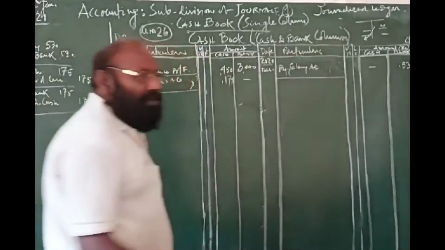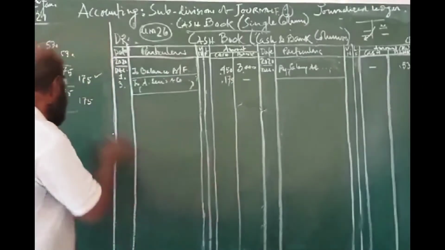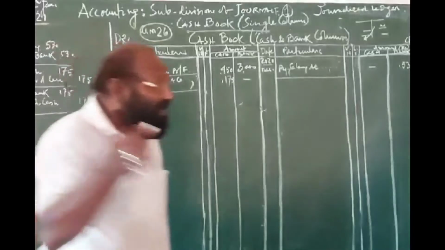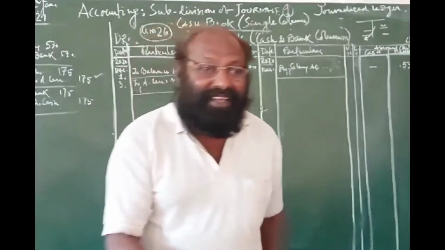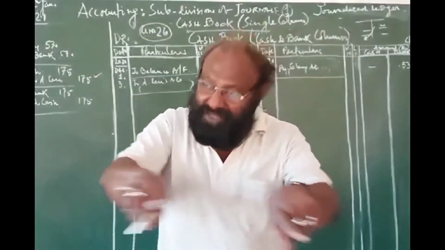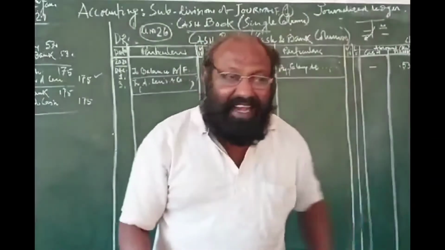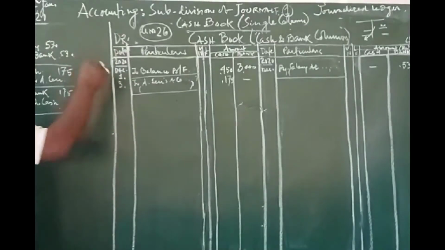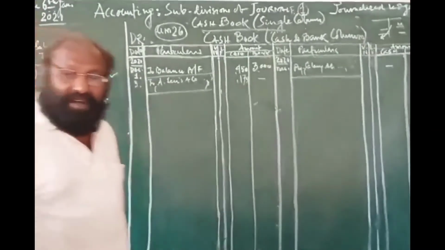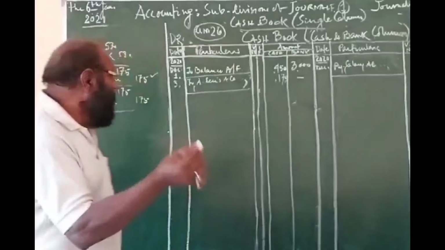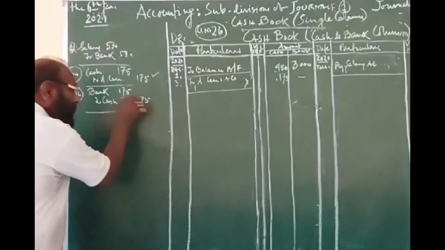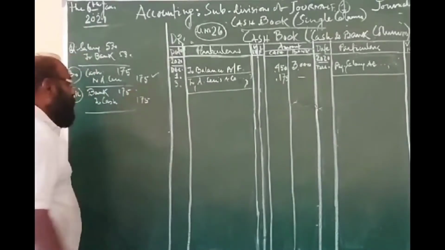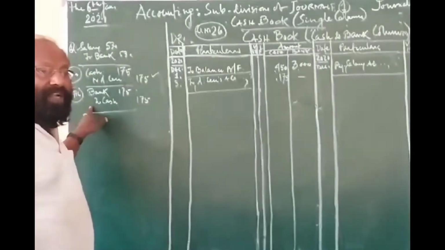Now see, the cash which you have received has been deposited in the bank on the next morning. So the transactions have been effected on 2 consecutive days. You have already recorded the transaction on the evening of the 3rd, but you are depositing the cash into the bank on the following day. On the following day, what is going out?